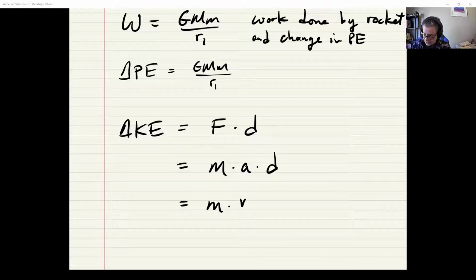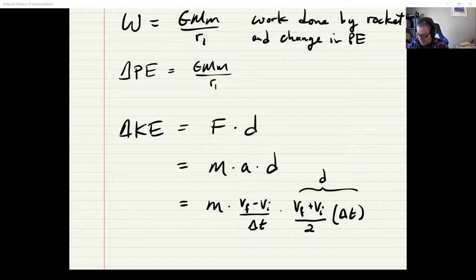So let's just say for the moment v final minus some v initial divided by an interval of time. That's representing my acceleration. And then the distance, I'll just represent that distance as the average velocity over some interval of time. So this will be velocity final plus velocity initial divided by 2 as the average velocity times some increment of time. So this is the distance, and this is the acceleration.